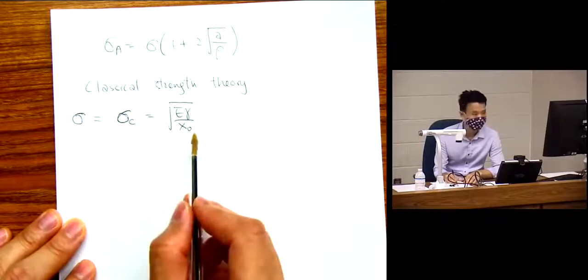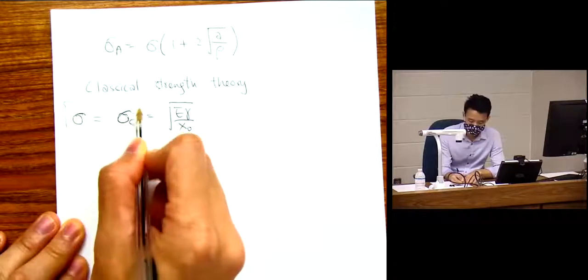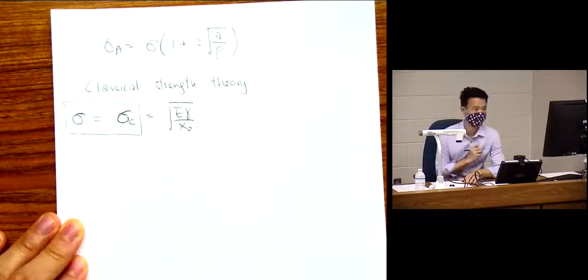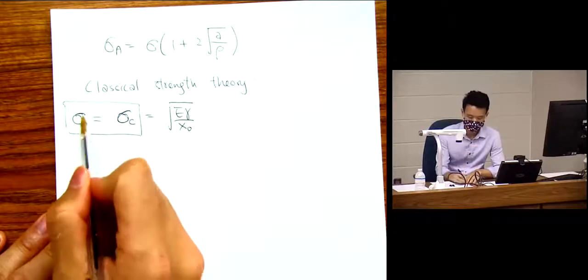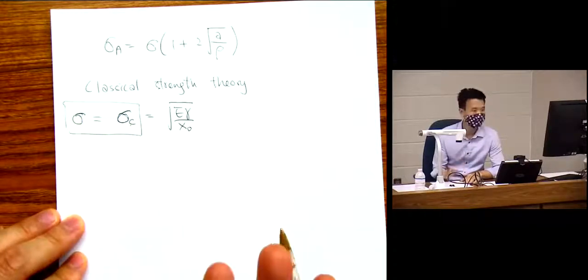This is what we calculated last time. And classical string theory says that, well, it has to be the same. The applied stress, once it reaches that, is going to fail, right?